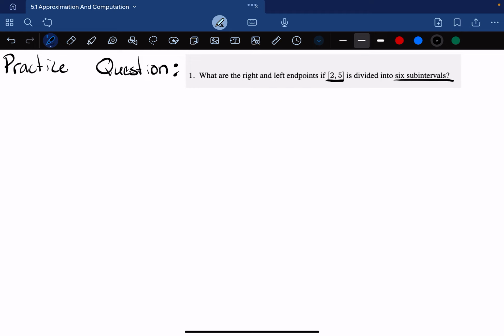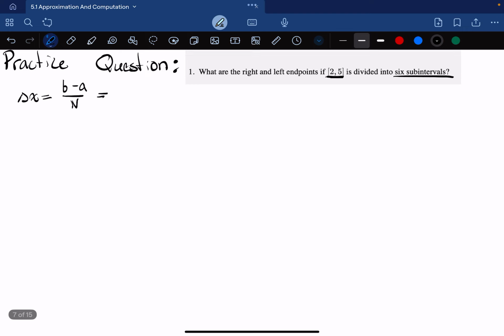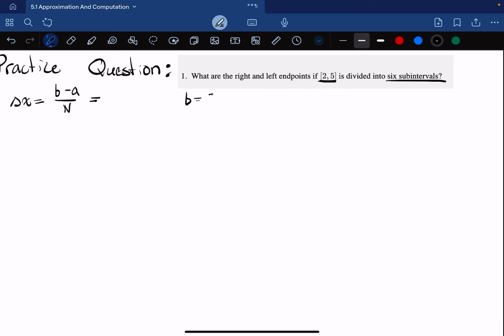We have the interval and we have our n right there. So, delta x is equal to b minus a over n. Basically, we know that the endpoint of our total interval is our b, so b is equal to 5, and we know that our a is the start point of the total interval, so this is going to be equal to 2.